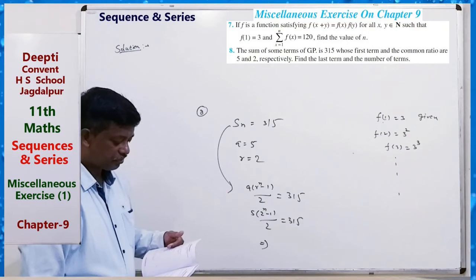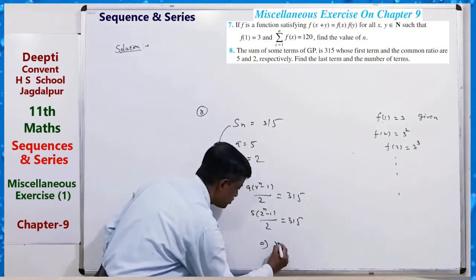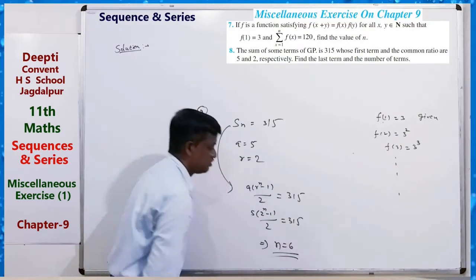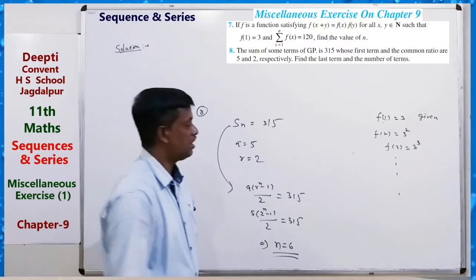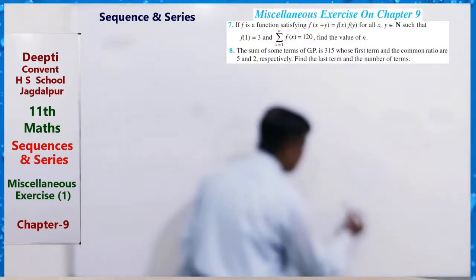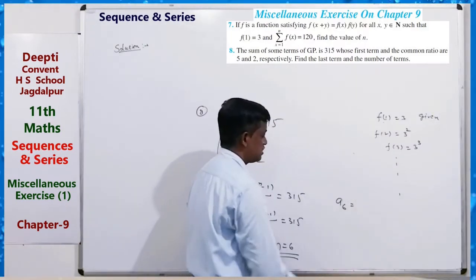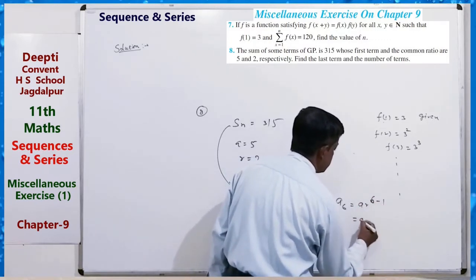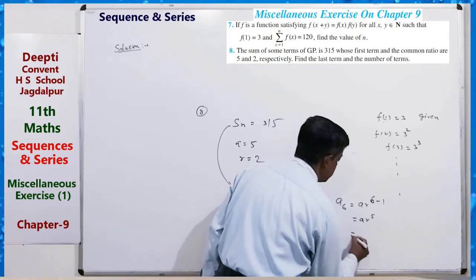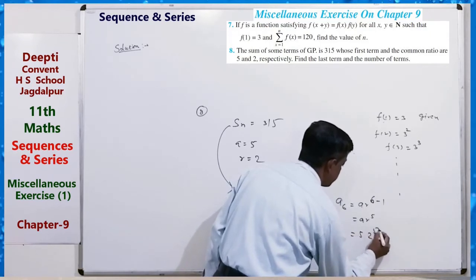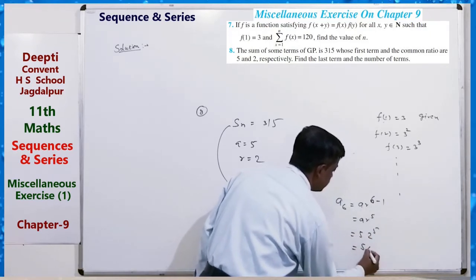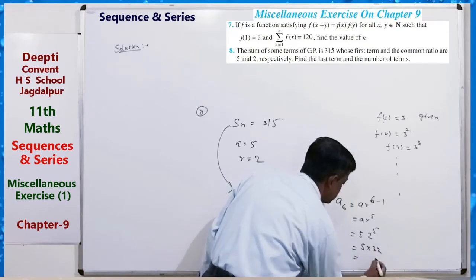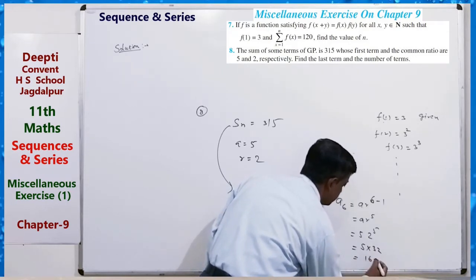So n equals 6. The number of terms is 6, and the last term is A6. A6 is A R to the power 6 minus 1, so A R to the power 5. A is 5, R is 2, power 5: 5 into 32, which is 160.